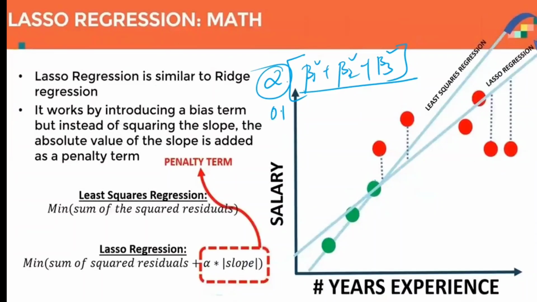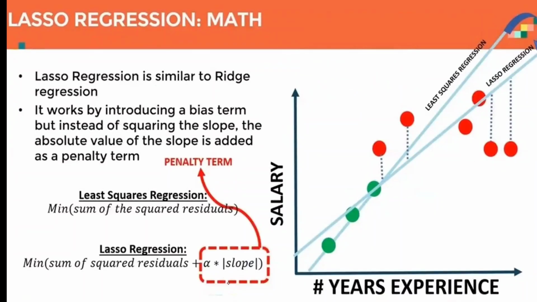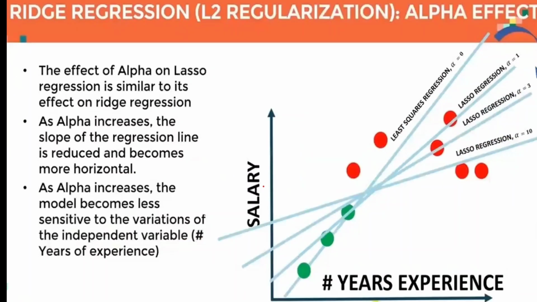Right? Now coming to lasso, the only difference between ridge and lasso is alpha into modulus of slope. That is the only difference between both of them. One is alpha into slope square, one is alpha into modulus of slope. And here, the most important point is that the effect of alpha on lasso regression is similar to ridge regression.